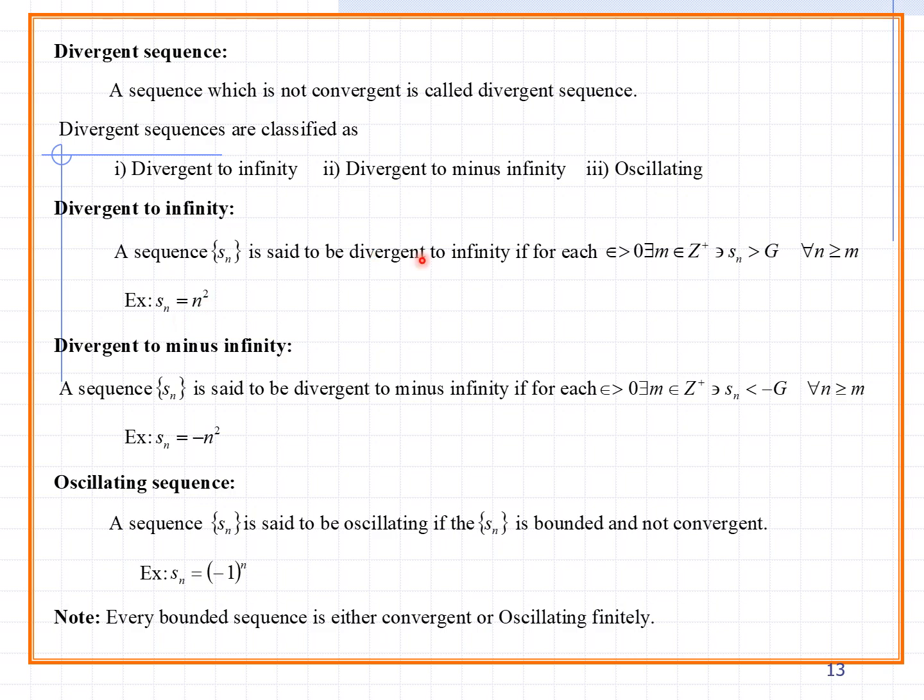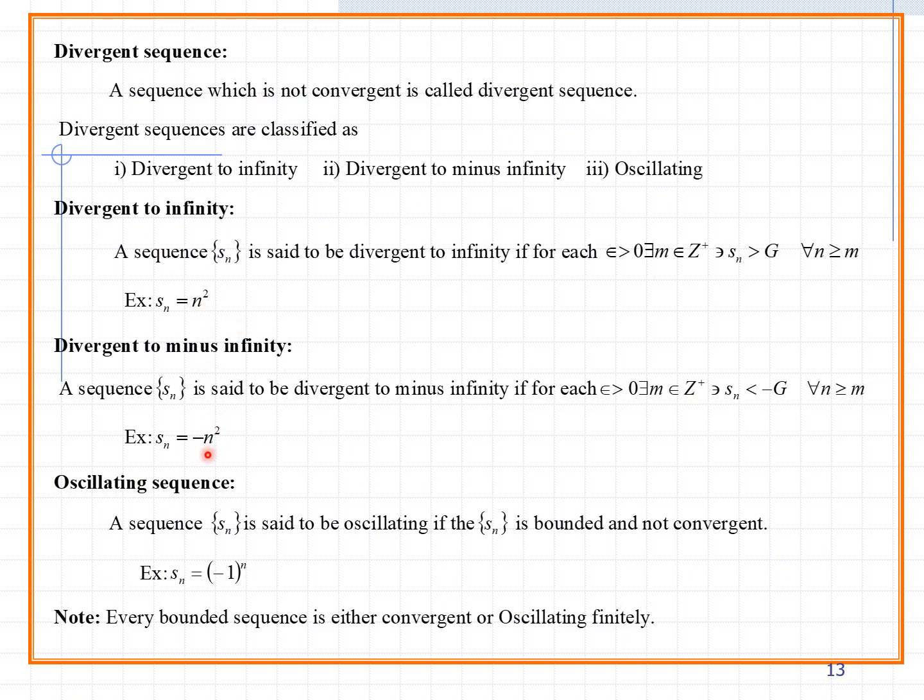Divergent to minus infinity: a sequence Sn is said to be divergent to minus infinity if for each g greater than 0, there exists m belonging to Z plus such that Sn is less than minus g for all n greater than or equal to m. Example, Sn equals minus n square. Here put n equal to infinity, and the value is infinity.